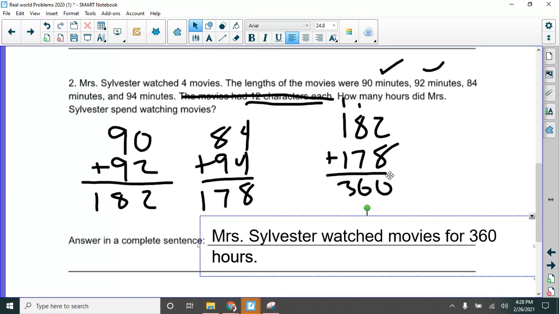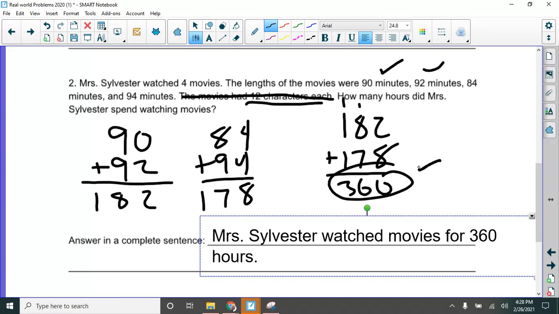This answer right here, this is minutes. So I need to think how many minutes are in 6 hours. So really what I need to do is divide. 360 divided by 60. Those are those extended division facts that we've studied. How many 60s are in 360?